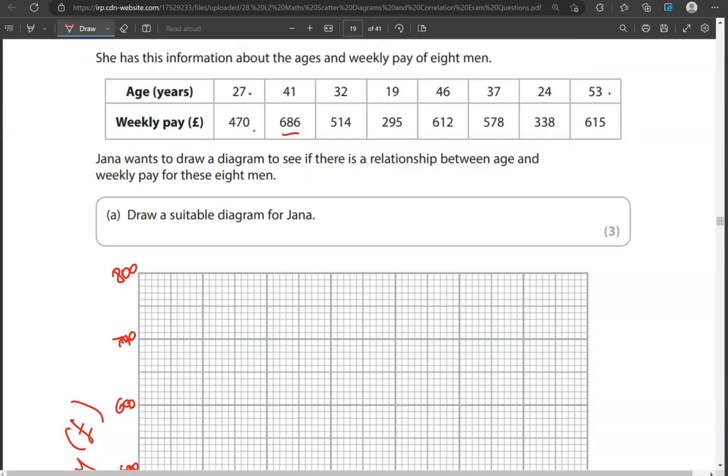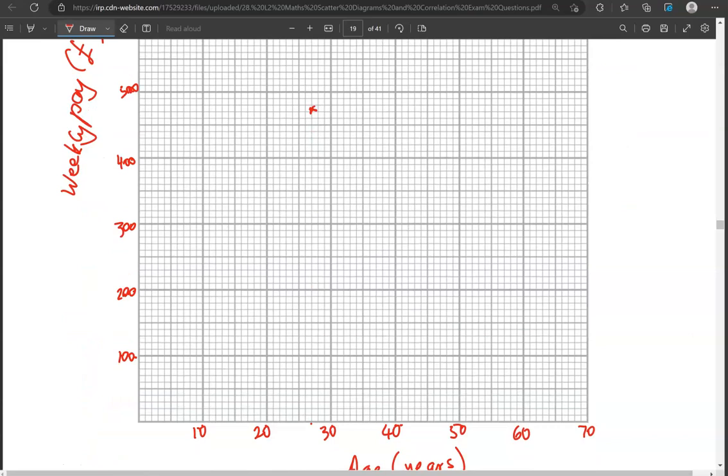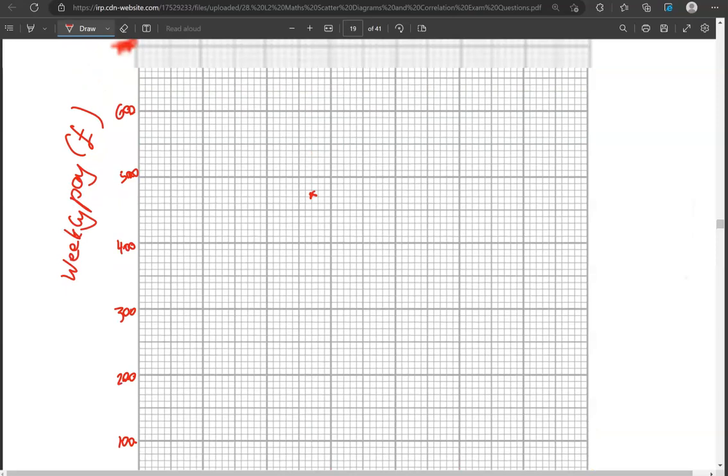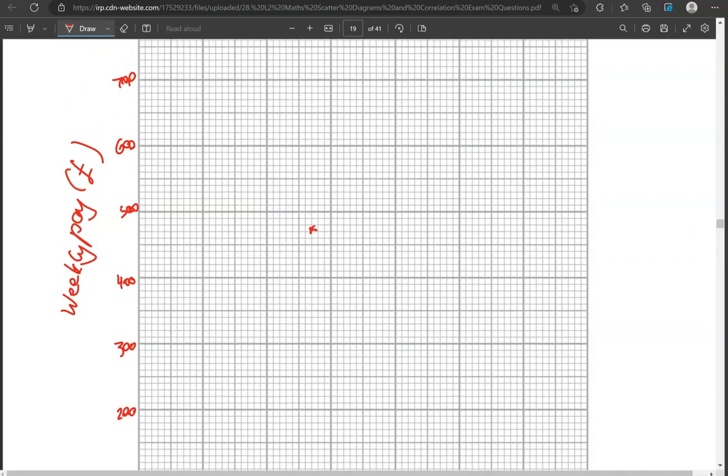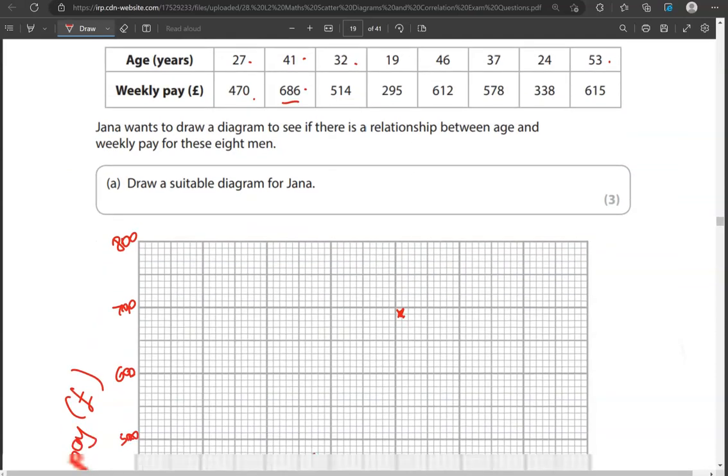Next one, age 41, pay 686. So about 690. Age 32, pay 514.